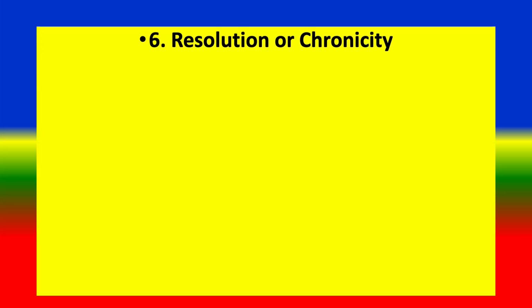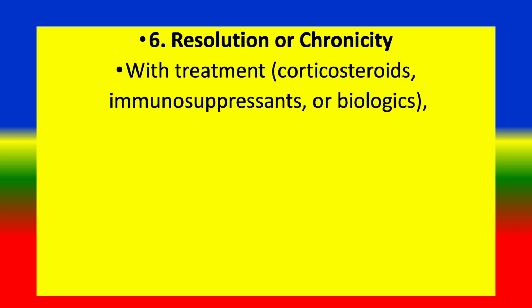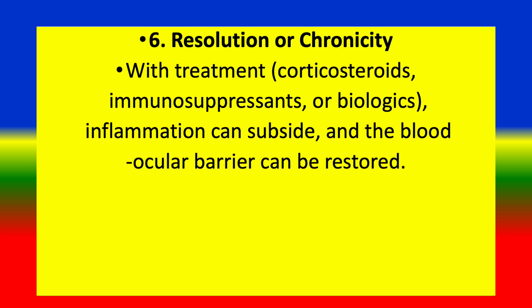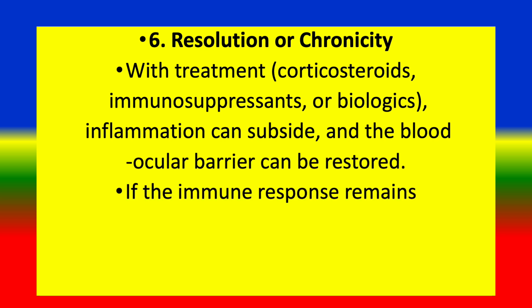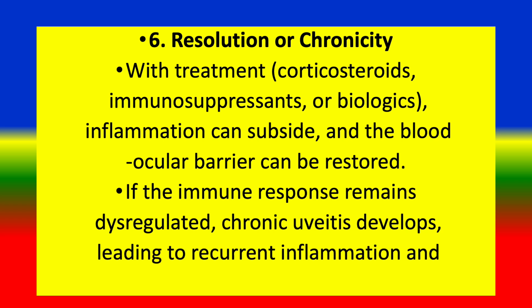6. Resolution or chronicity. With treatment, corticosteroids, immunosuppressants, or biologics, inflammation can subside and the blood ocular barriers can be restored. If the immune response remains dysregulated, chronic uveitis develops, leading to recurrent inflammation and progressive ocular damage.